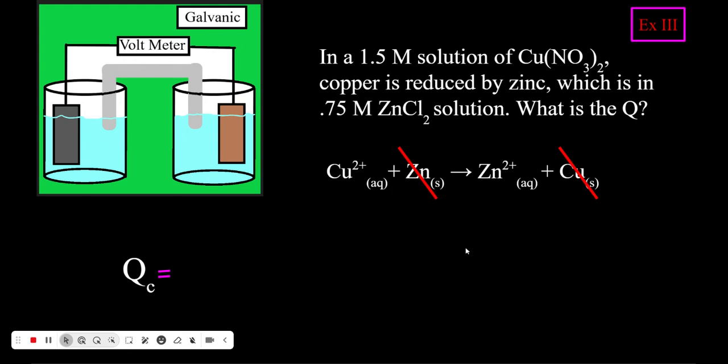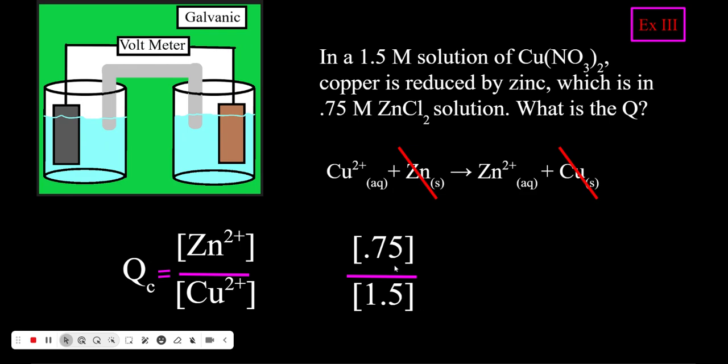The other two are going to fall out. And here's my concentration of copper nitrate. It'd be a 1-to-1, so in the numerator would be 1.5, and the denominator would be 1.5 in that. So my Q is going to be 0.5. All right.